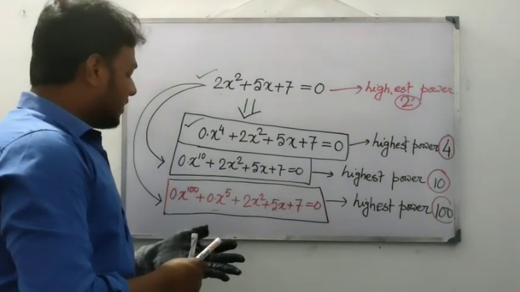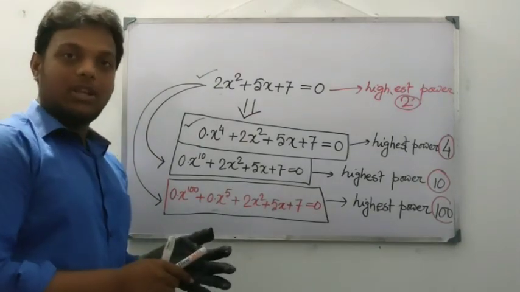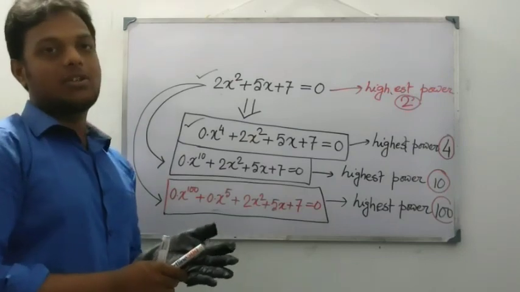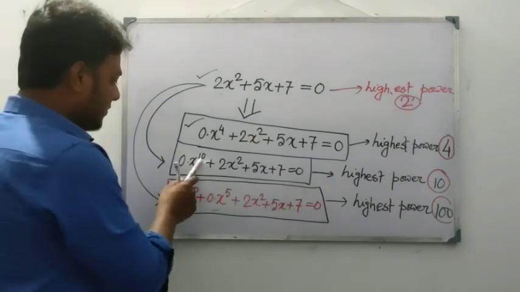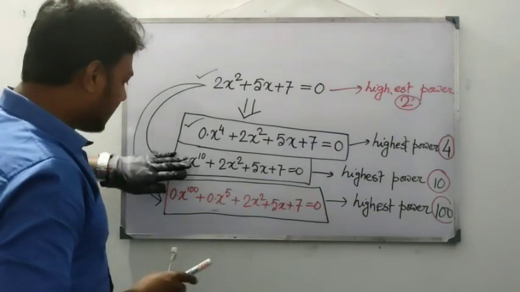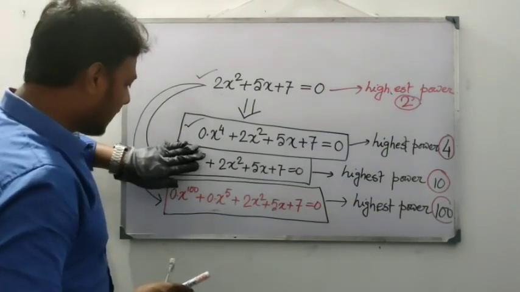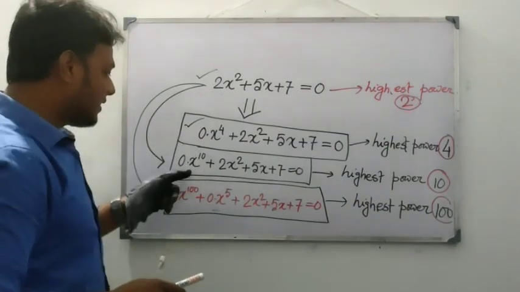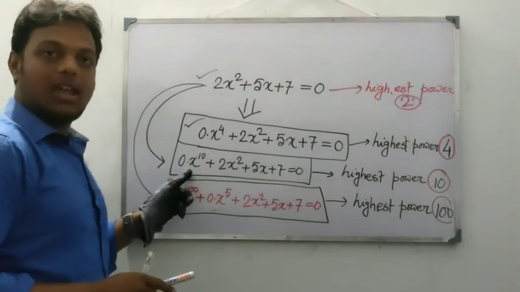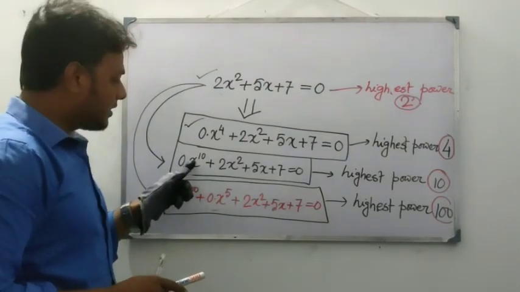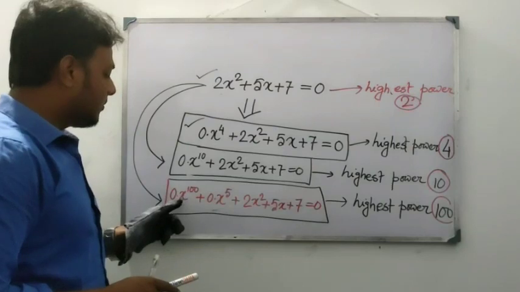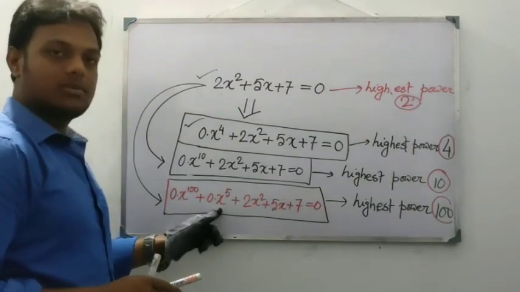we have to consider the highest power only when the coefficient is not equal to 0. See here, the highest power coefficient is 0. So we will not consider this part. Actually this part is itself 0. You will not get this type of term in an equation. Why would they give these two terms?